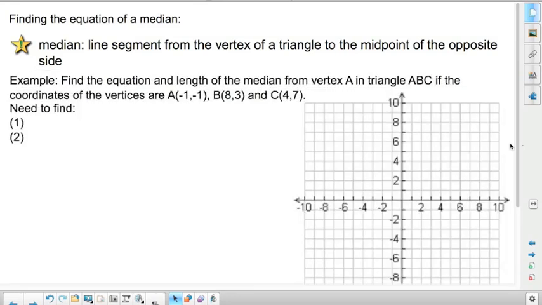Okay, so here's an example. It helps to actually draw a triangle so you can kind of visualize it. So I'll do that here. A is (-1, -1), pushes you around here. So that's A. B is (8, 3).